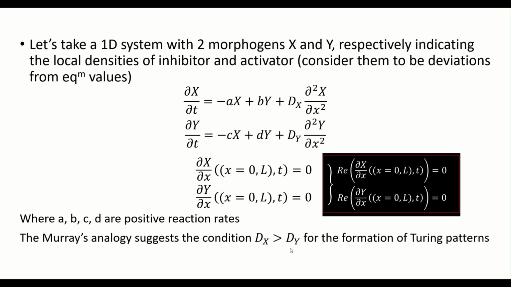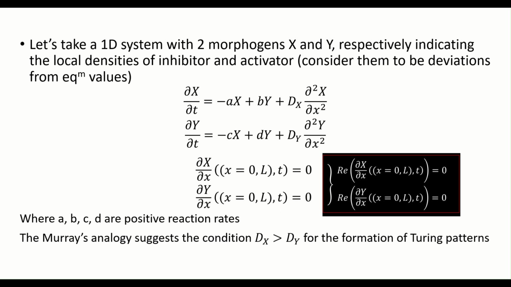I'm not going to repeat why, as it was covered in Murray's analogy, but the general idea is that the activator shouldn't totally dominate the inhibitor, nor should the inhibitor totally eat up all the activator. That is Murray's analogy.